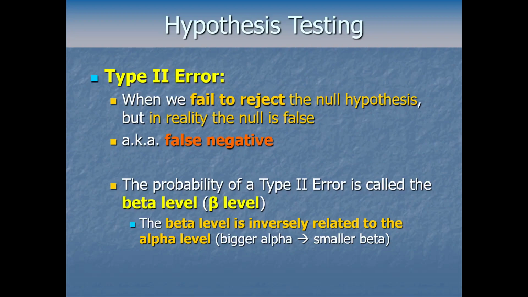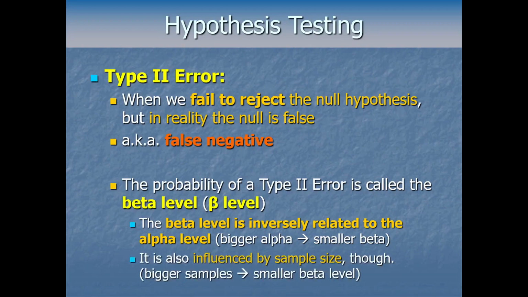And if you choose a smaller, more strict alpha level, like a cutoff of 0.0001 to call something statistically significant, then that'll mean you also get a much bigger beta level. So there is a trade-off here. The more that you leave yourself open to false positives, the safer you are from false negatives. And the more you rule out false positives and make them unlikely, the more chances that you'll miss a real effect and end up with a false negative.